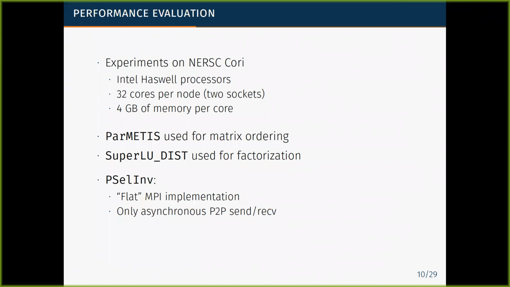We are still looking at a flat MPI implementation in those experiments. Again, the idea of the implementation of a parallel selected inversion is to focus on how to pipeline computations and overlap them with communication as much as possible.